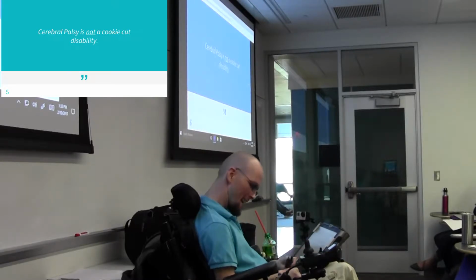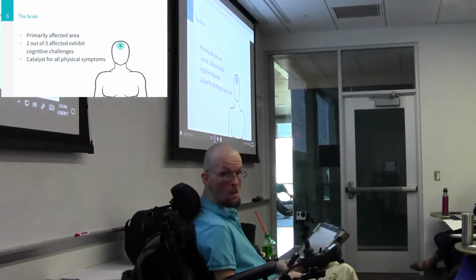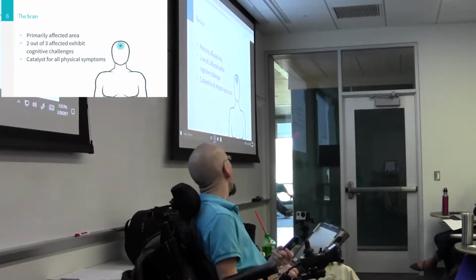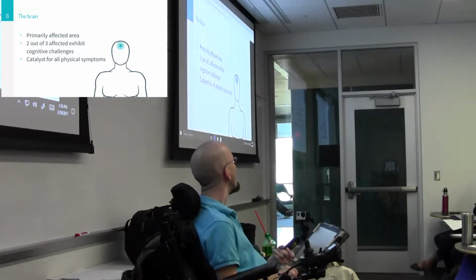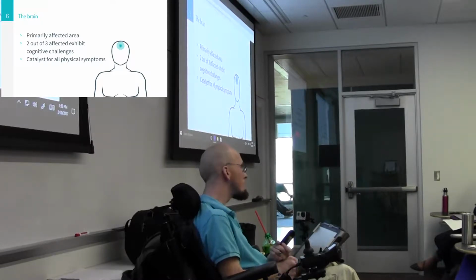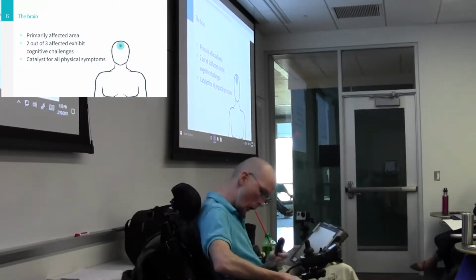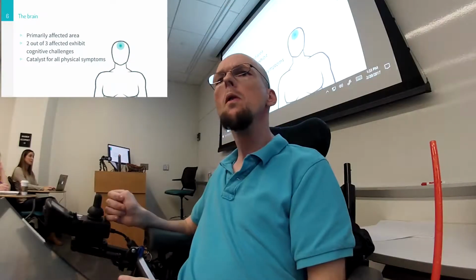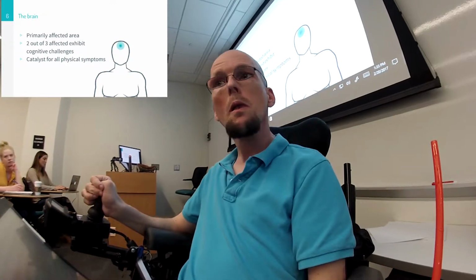Which brings me very nicely to the first body part affected by CP. This is where it all starts. And this is why CP will always manifest itself differently. No two brains have ever, or will ever, be the same. Everybody knows the difference between analog and digital signals.